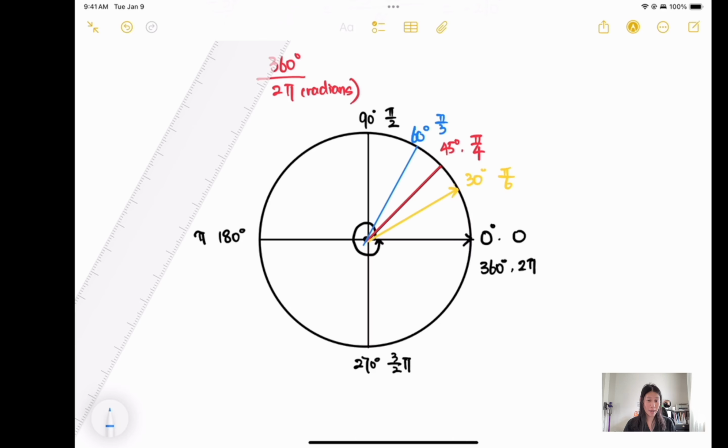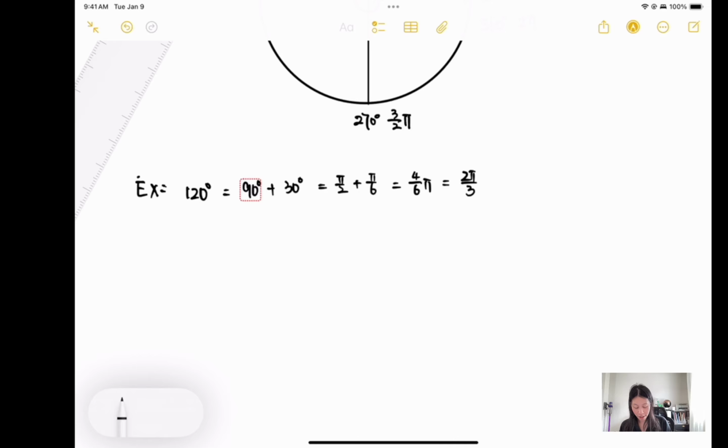Okay, now let's talk more about what coterminal angles are. Earlier, I already gave you a little bit of a preview. Coterminal angles means that the angles share the same initial and terminal side when in the standard position.